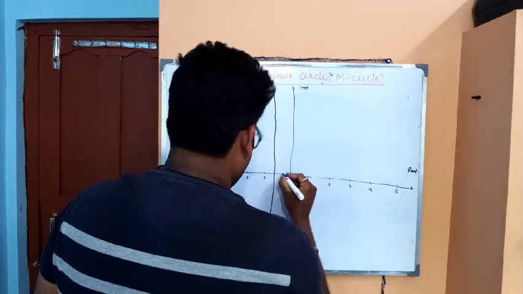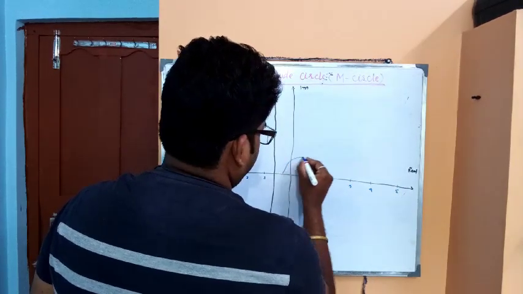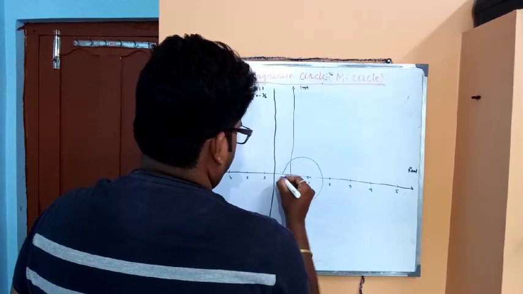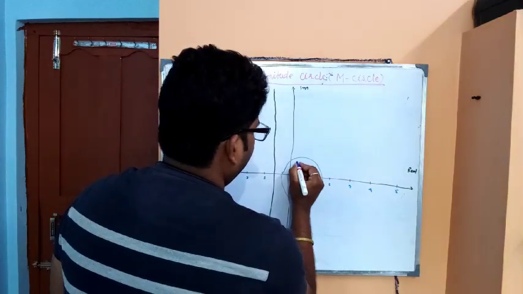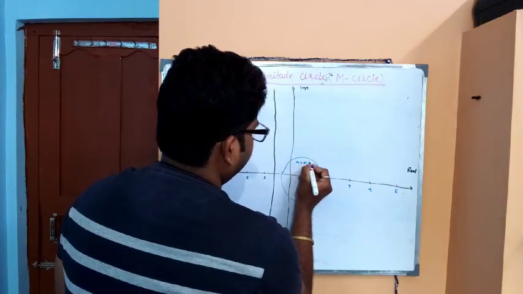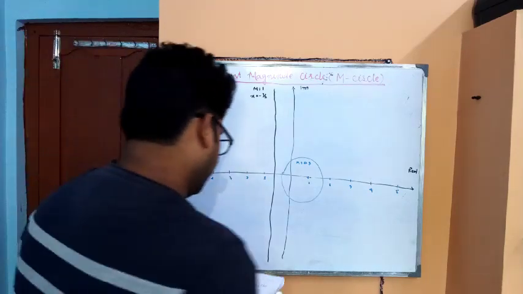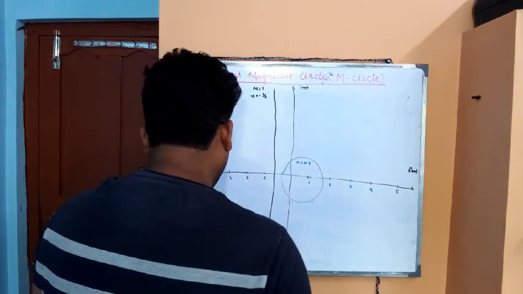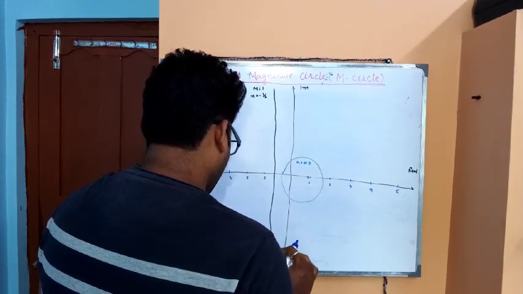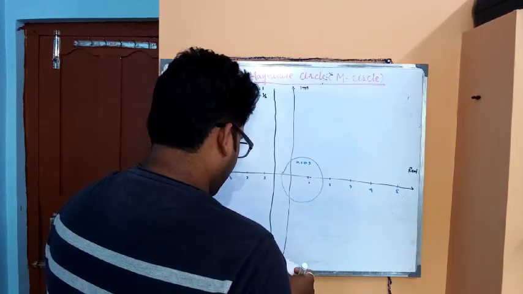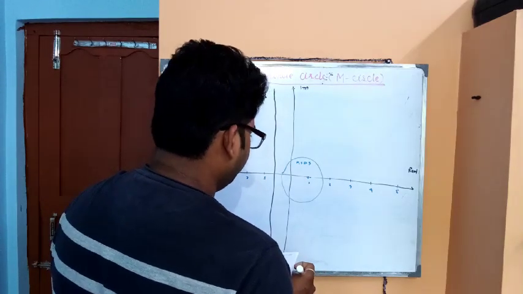Now first we consider the value of M equal to 0.3, and this is how the circle is represented. Now the second value is M equal to 0.5, and the center of the circle is 0.33, 0.